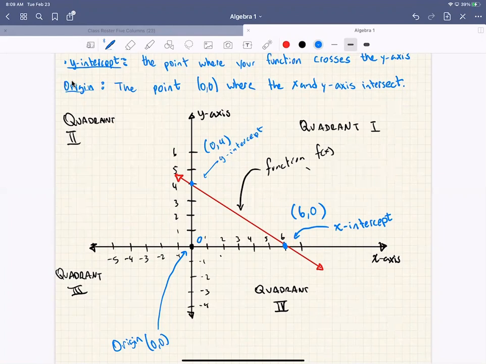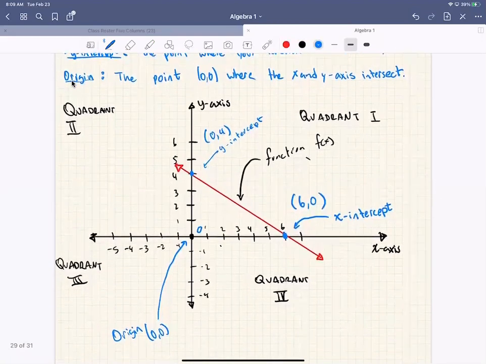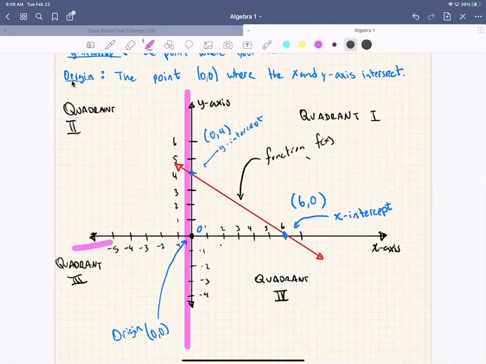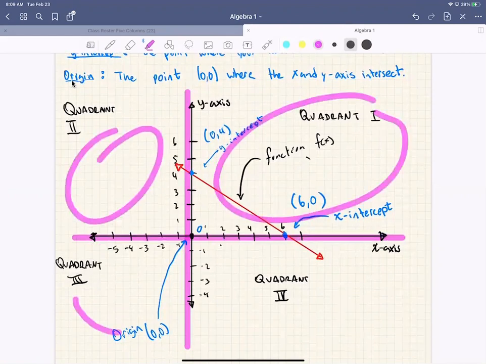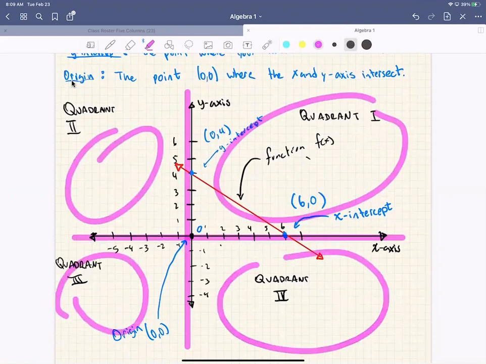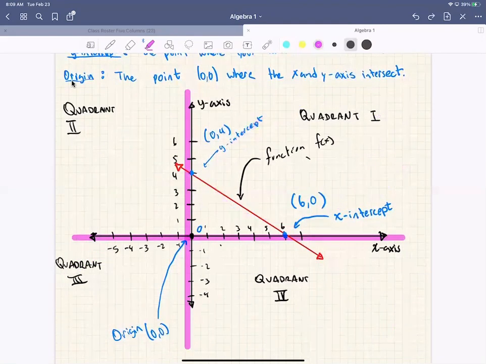The last thing I want to talk about in this graph is going to be our quadrants. When you cross the x and y axis, there's 4 regions. There's this area, this area, this area, and this area. Well, each of these regions actually has a name.